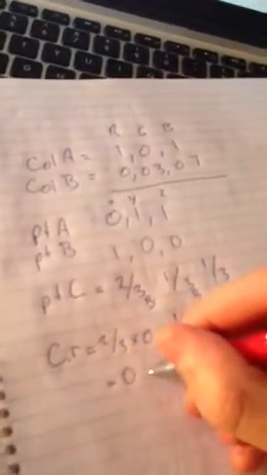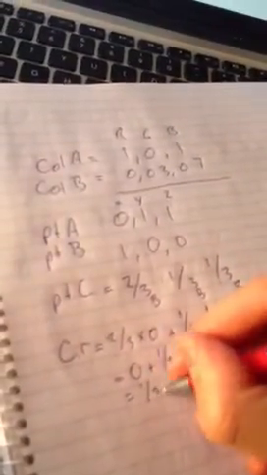So this gives us 0 plus 1/3, equal to 1/3.